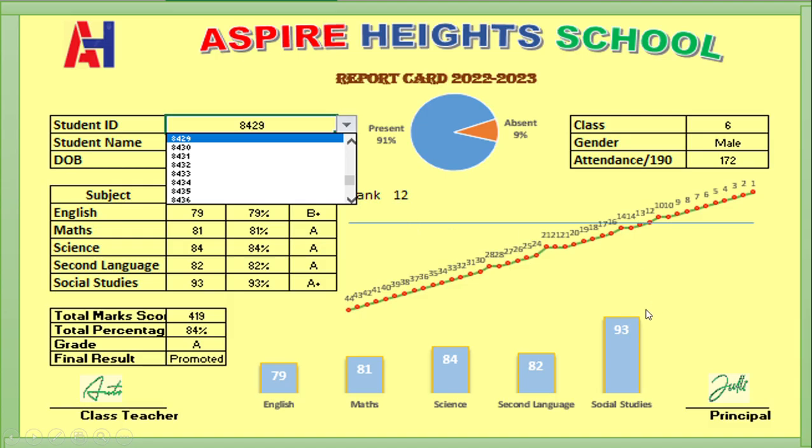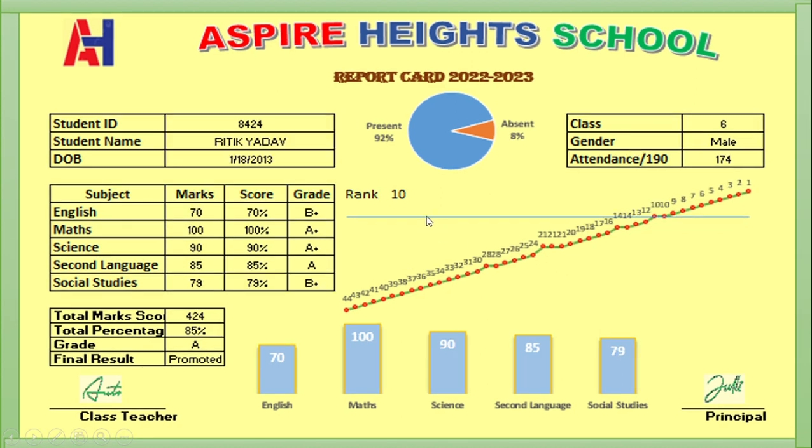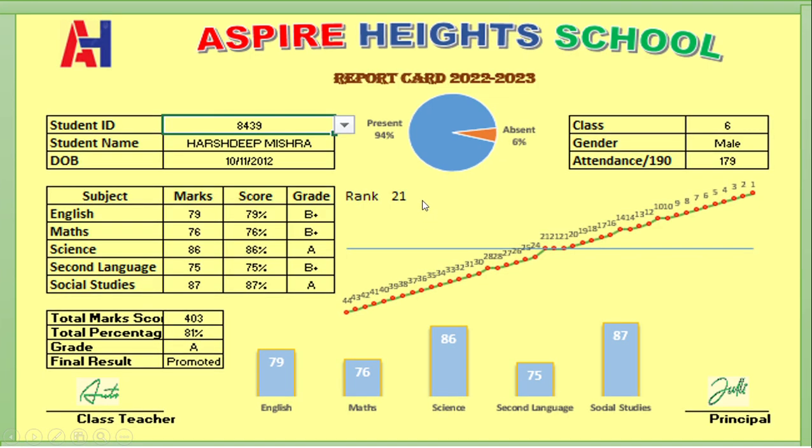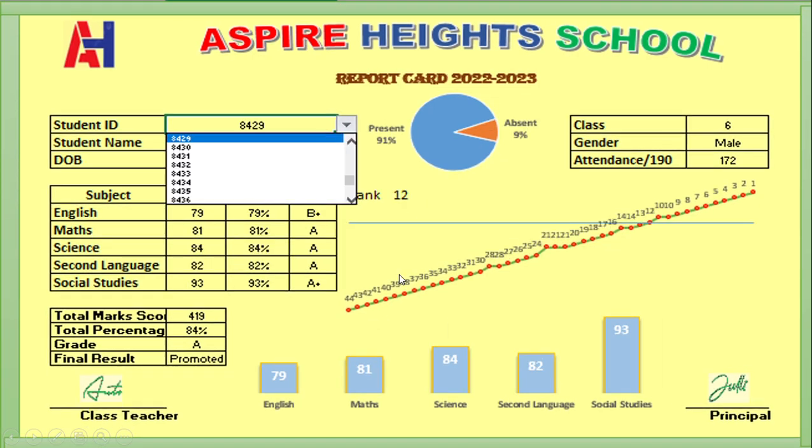While the 12th ranker also has 80s in one subject and 90 in another, and he got 12th rank. There is a rank difference of 12 and 21. So you can show the students how getting more in certain subjects can actually help you rank and position higher.